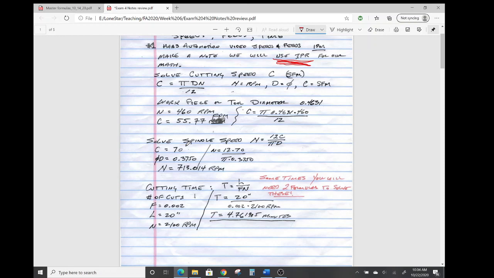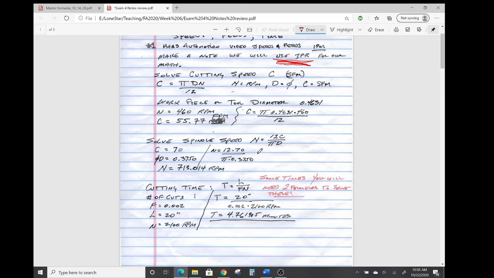You'll burn up a tool, tear up a part, and people will not be happy with you. They'll roll your toolbox out in the parking lot and tell you to go away and don't come back. All right, so we use the formula N equals 12 times the cutting speed, divided by pi, divided by 0.375, the diameter. There's the formula right there.